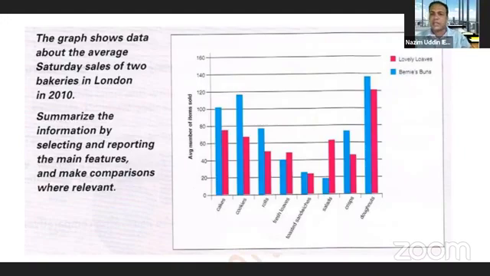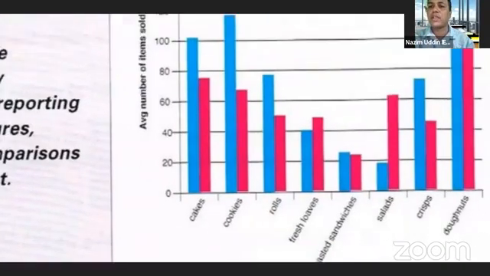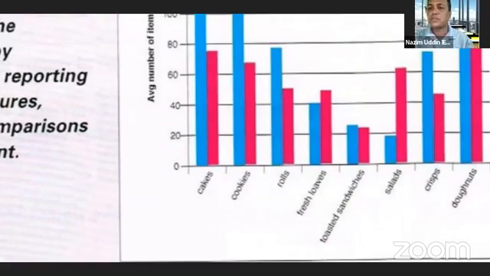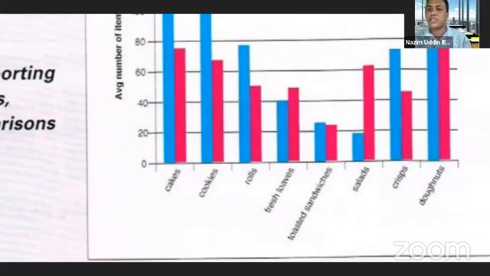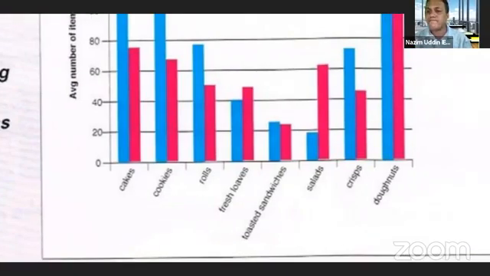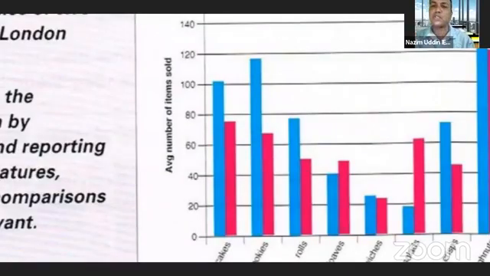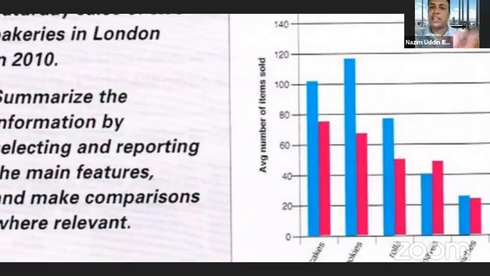Some items are mentioned here, as you can see: cake, cookie, roll, fresh loaves, roasted sandwiches, salads, crepes, donuts. 1, 2, 3, 4, 5, 6, 7, 8 items of goods were sold on Saturday.